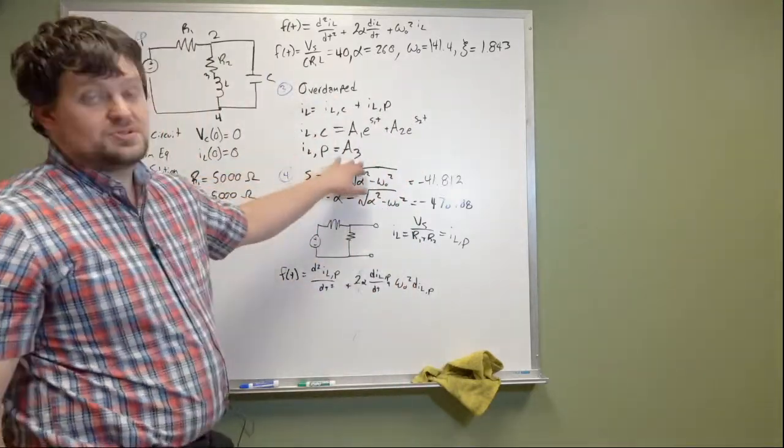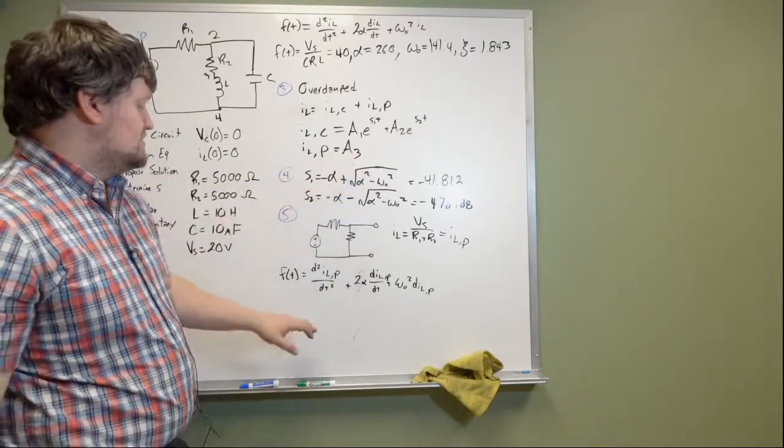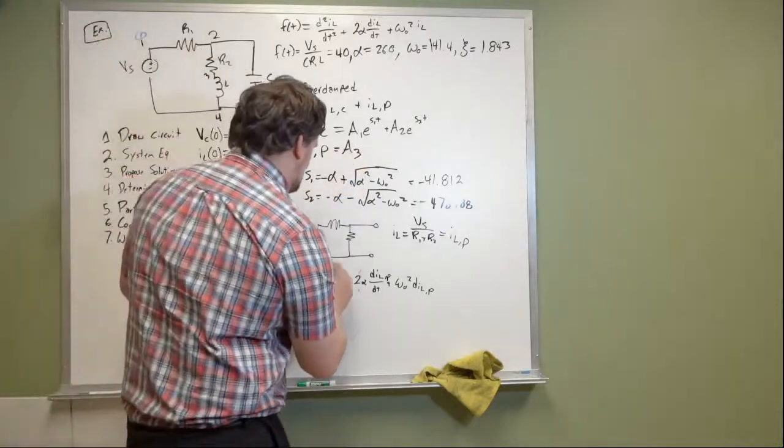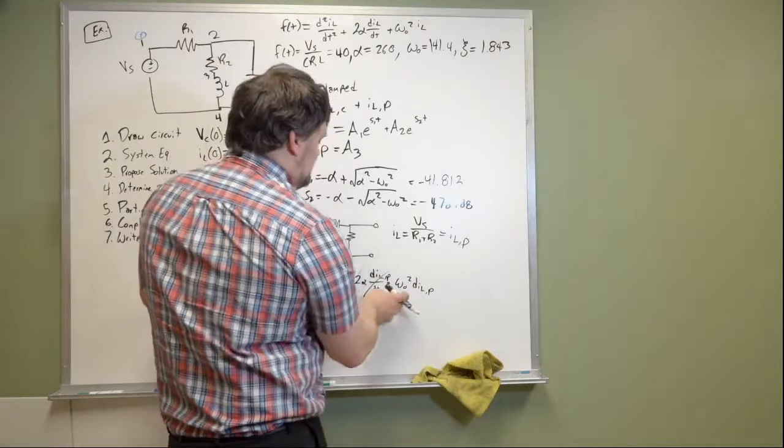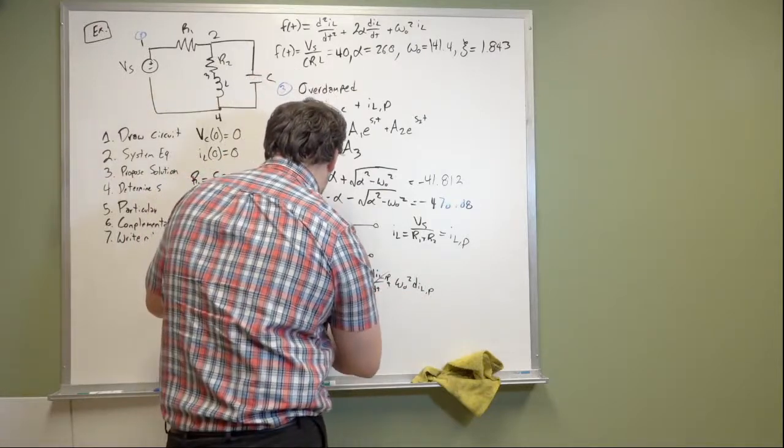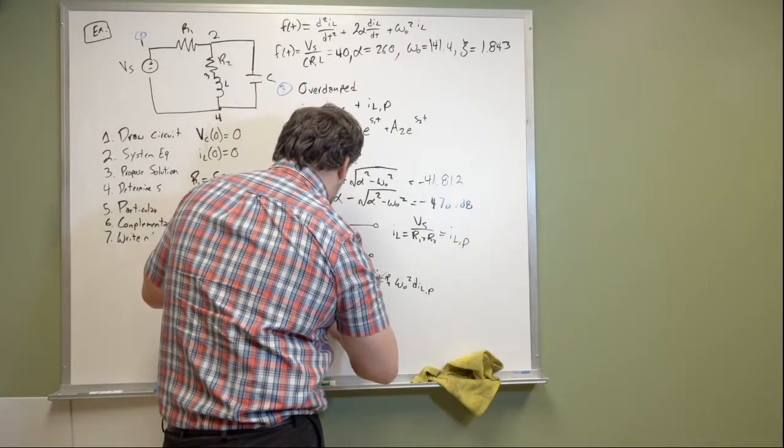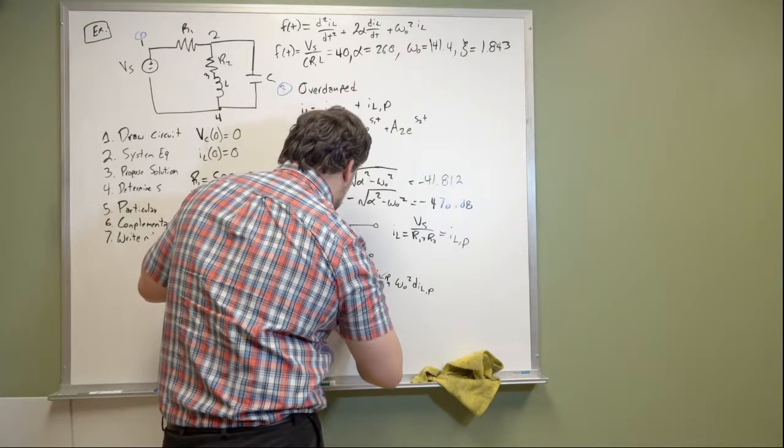Here we guess the particular solution is going to be a constant. As a result, this piece goes away, this piece goes away, and what you end up with is f of t is equal to omega naught squared times A3.